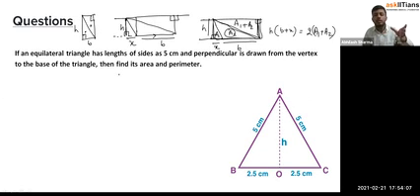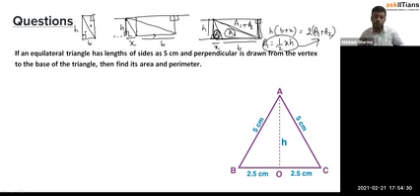The rectangle's area is base into height. So the triangle's area will be half into base into height for a right angle triangle. So since this is a right angle triangle, A1 will be equal to half into x into h. So if you just put this value in here, you will get the value of A2 to be half into base into height.